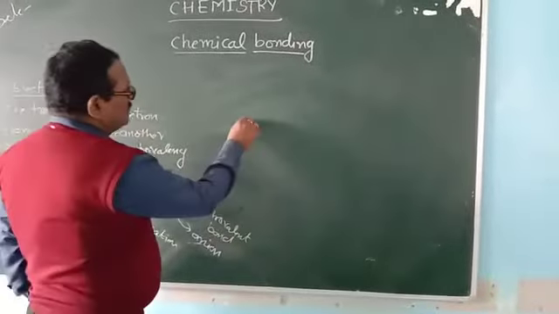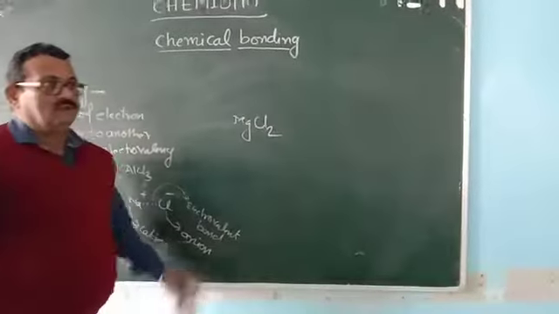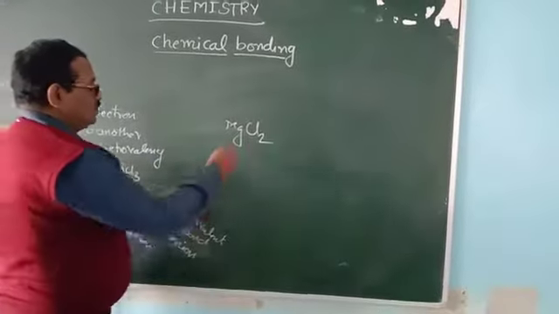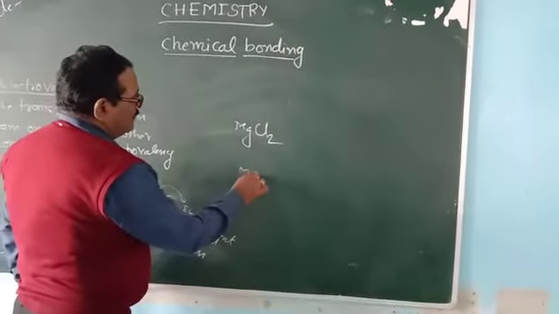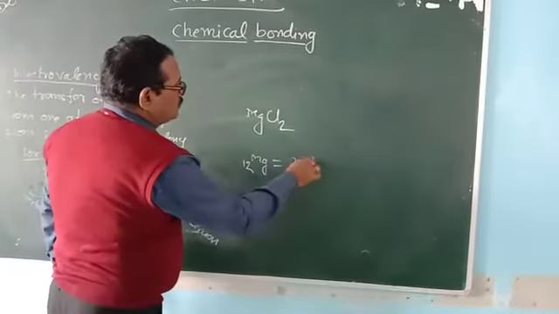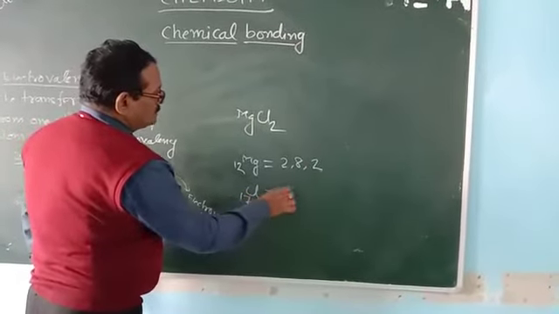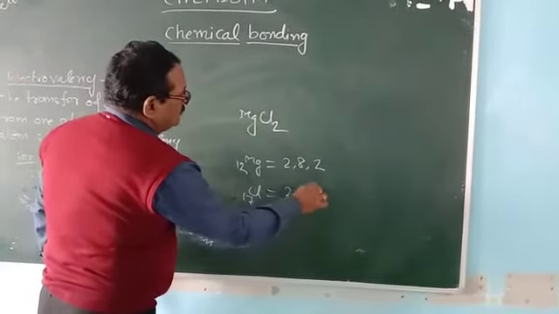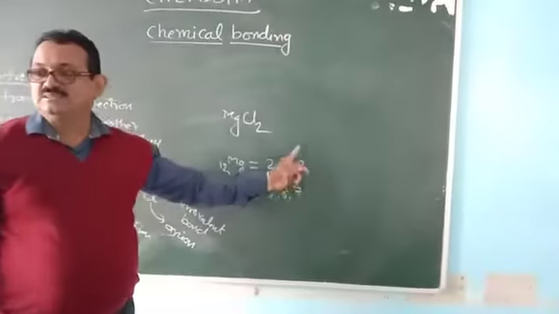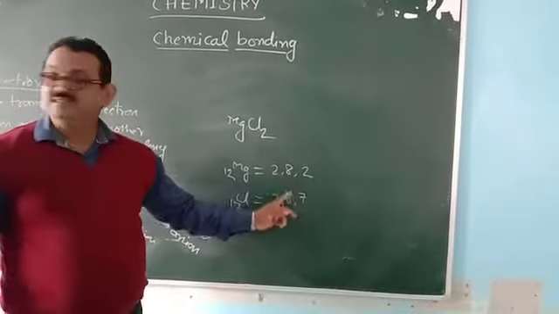Next, taking the example MgCl2. There is one magnesium and two chlorine atoms here. You know that magnesium has atomic number 12, electronic configuration 2, 8, 2, and chlorine has atomic number 17, electronic configuration 2, 8, 7. Then, by the same process, the outer shell electrons in magnesium are 2, and in chlorine are 7.